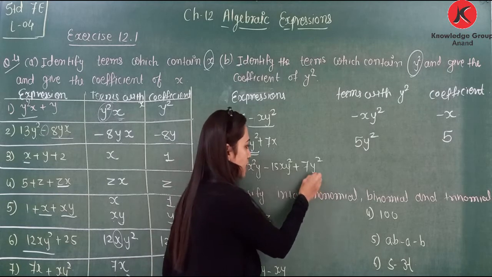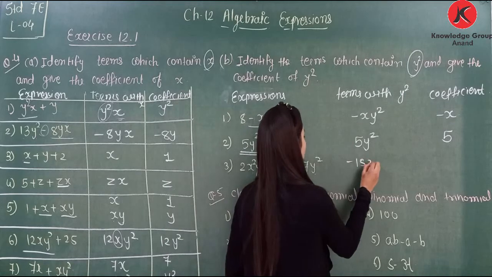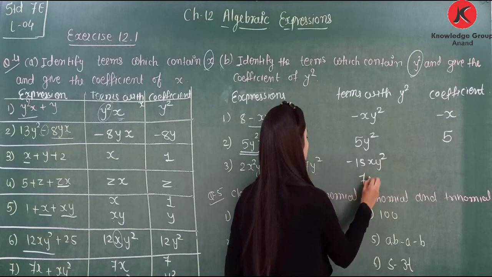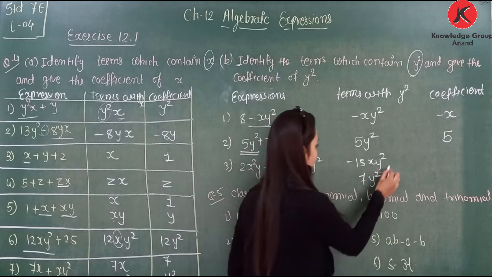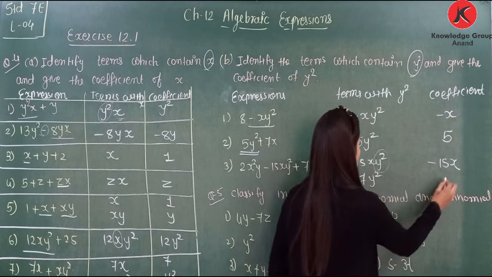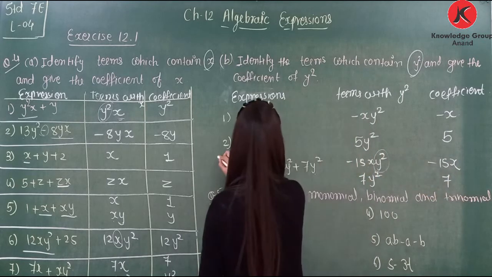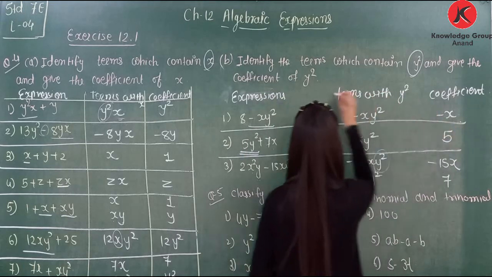Y square is here and y square is here. So two terms with y square: minus 15xy square and 7y square. What is in the multiplication with y square? For the first it is minus 15x and for the next it is 7. So these are the terms with y square and the coefficients of y square.